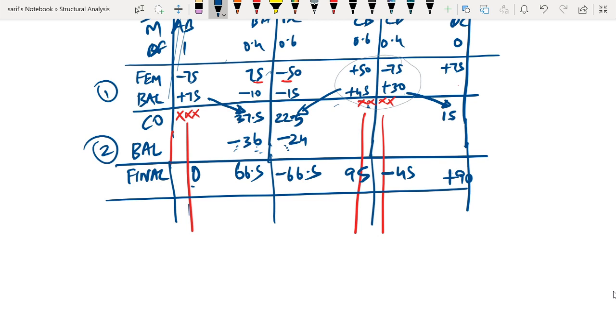For example, MBA, this is AB, this is BA, this is BC, this is CB, CD and DC. Usually MBA will be equal to minus MBC. However, if you look here, MCB is not equal to minus MCD. Well, the reason is that we are having a concentrated moment there.